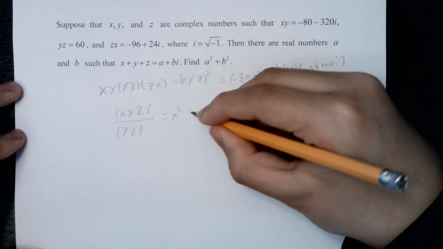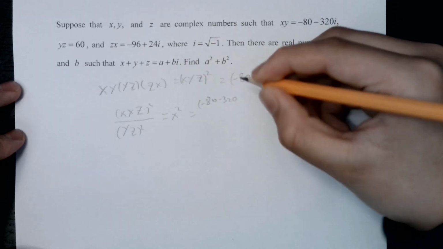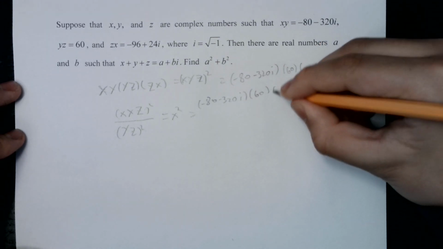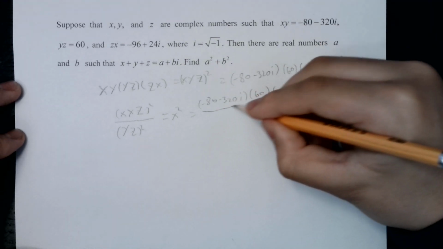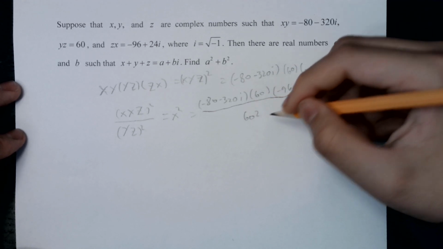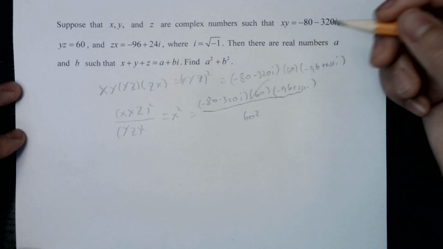So I'll write this out really quickly. It's negative 80 minus 320i multiplied by 60 multiplied by negative 96 plus 24i, divided by 60 squared. And now since both the top and bottom of this fraction contain 60, we can just cancel them out really quickly and make the solving a little bit easier.